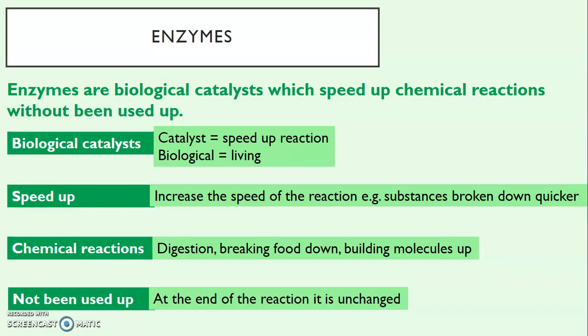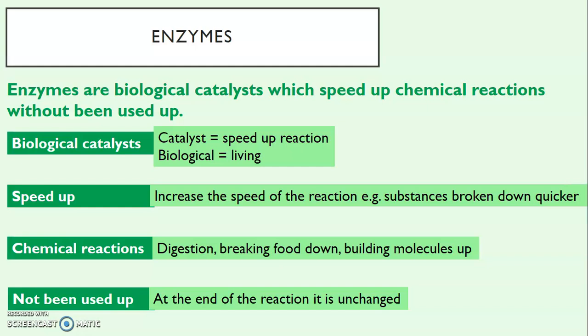Enzymes are biological catalysts which speed up chemical reactions without being used up. So when we talk about biological catalyst, a catalyst is anything which will speed up a reaction. Biological, it's living, it's found in the body. The enzyme will increase the speed of the reaction. So substances will be broken down quicker, larger substances will be formed together quicker.